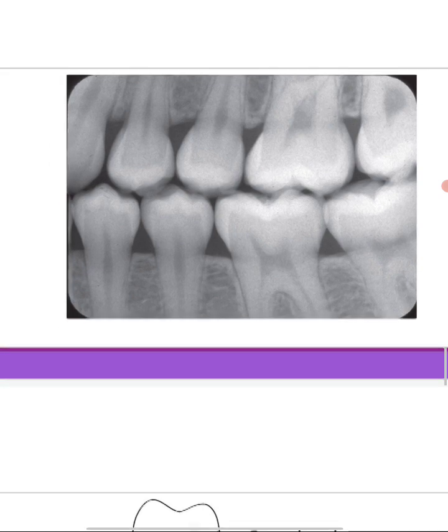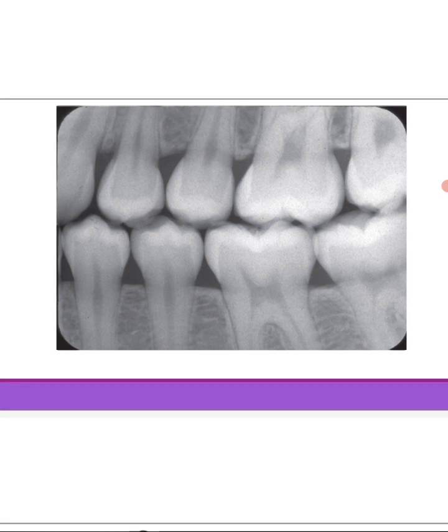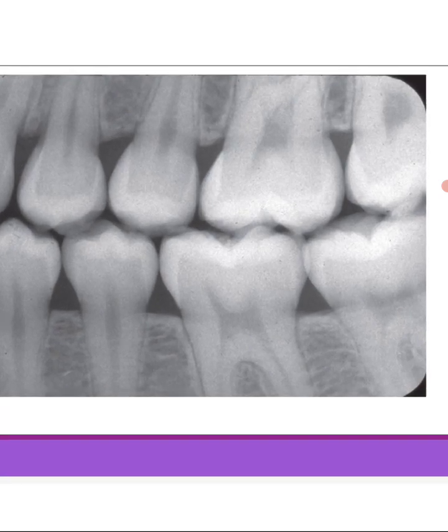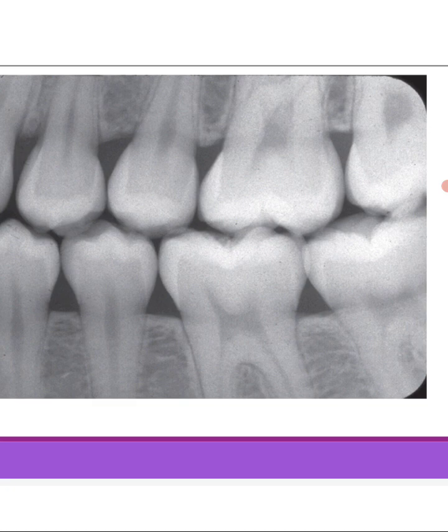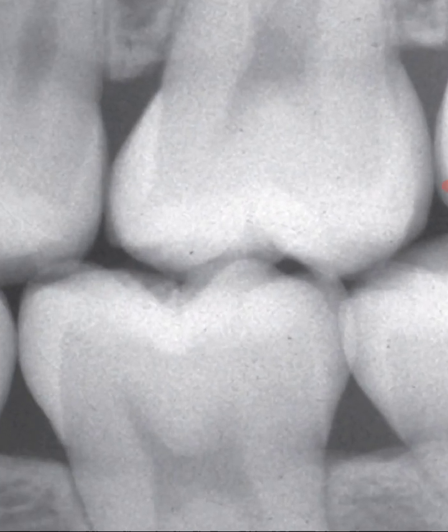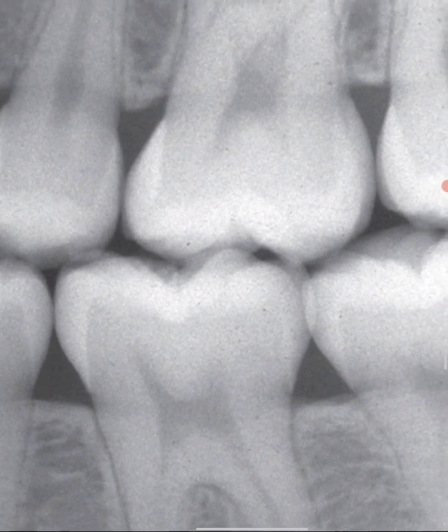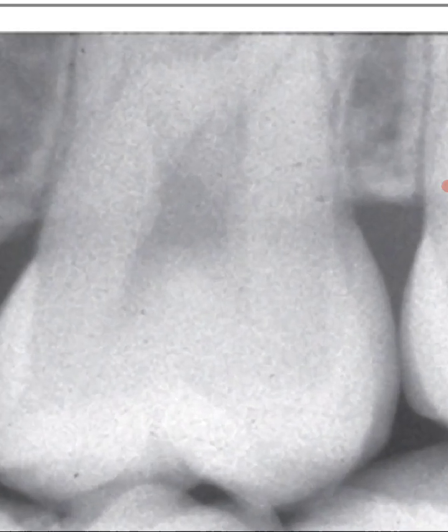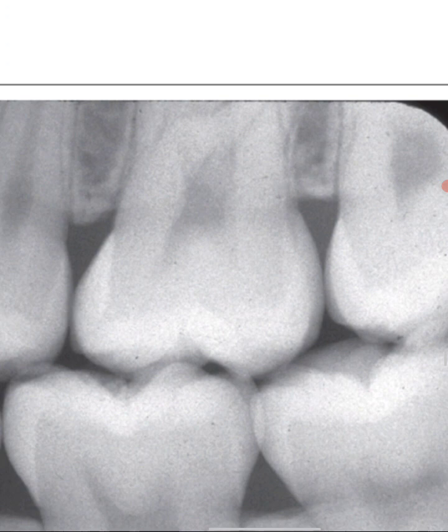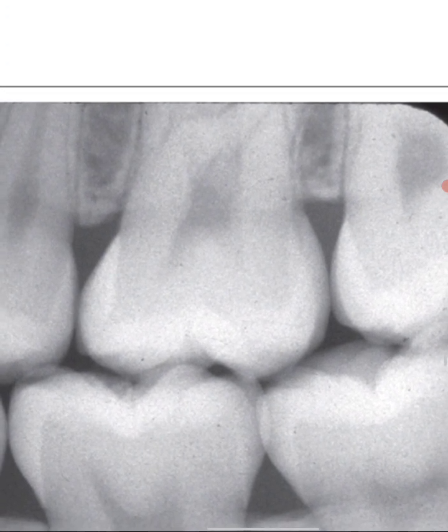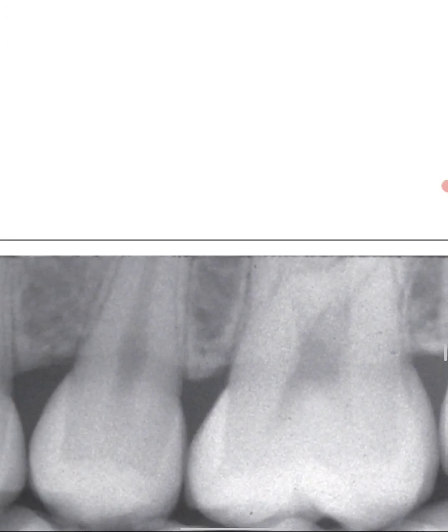I just want you to see here the crown. In the crown you see the enamel, right? And the dentine, and then here the shadow, you see here it's a bit blurred, this is the pulp, right? And here this is interdental bone.